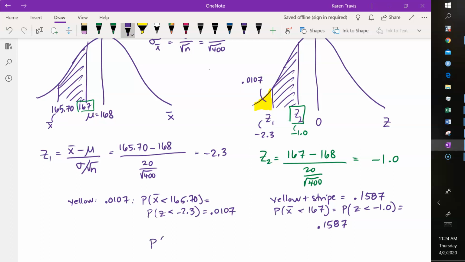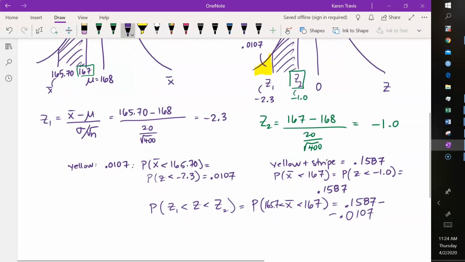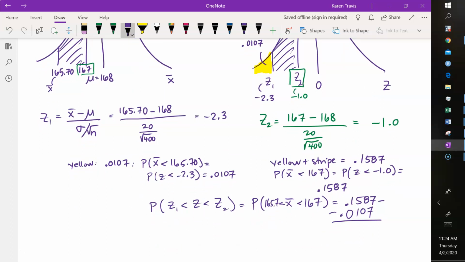So the final answer for Z being between Z1 and Z2, which is the same as the sample turning out between 165.7 and 167, is going to come from 0.1587, pulling out that yellow tail.